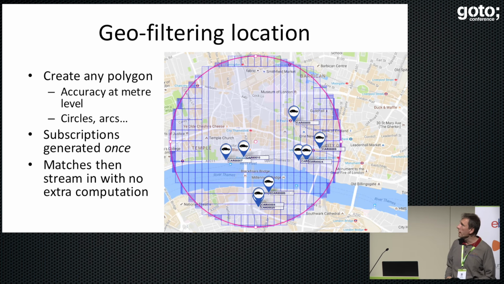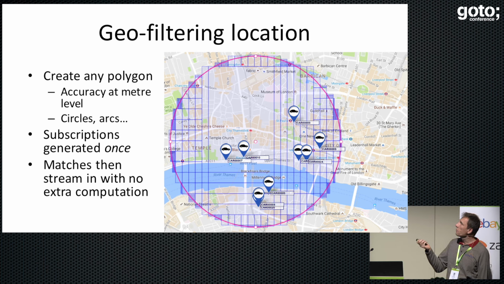If we look at our circle here, you can see that we've generated these rectangular subscriptions that very closely match the circle. It's quite keen. We can do any polygon. We can get accuracy down to the meter level, because that's the accuracy of our latitude and longitude.